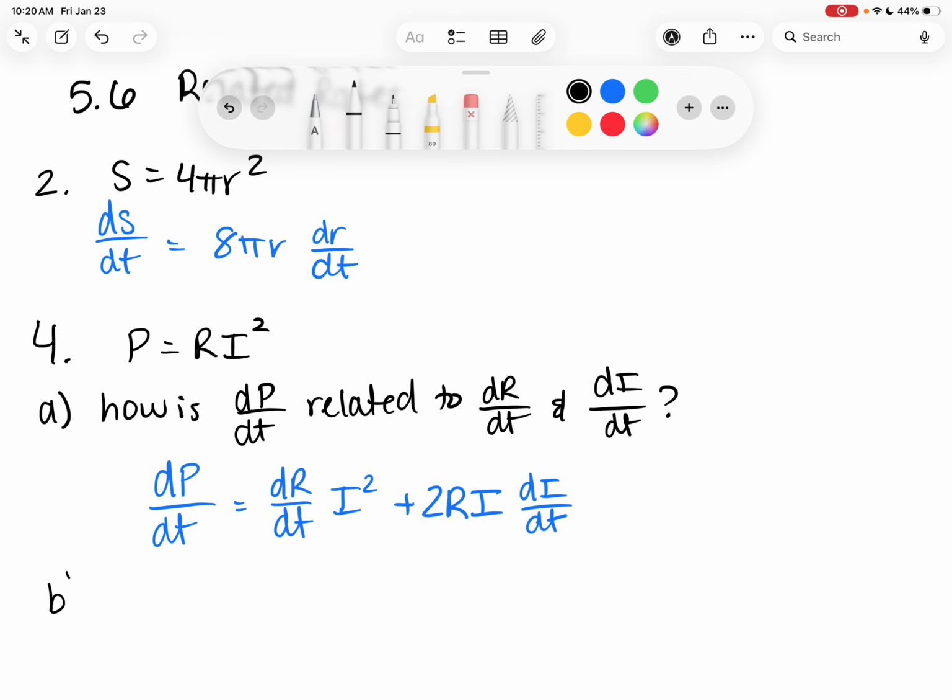So then part B says, how does dr dt relate to di dt if P is constant?